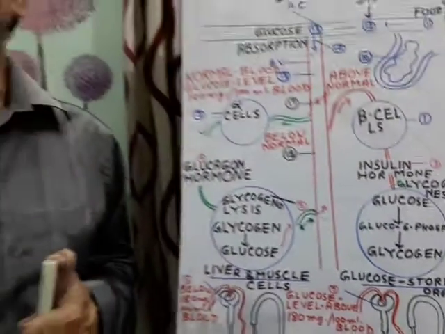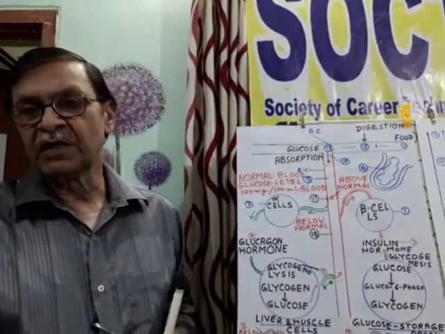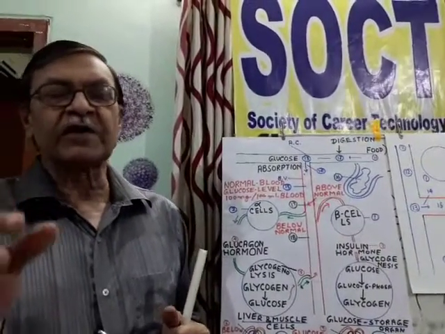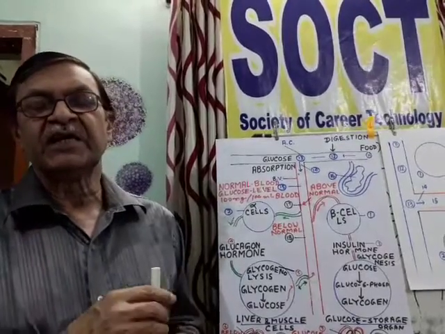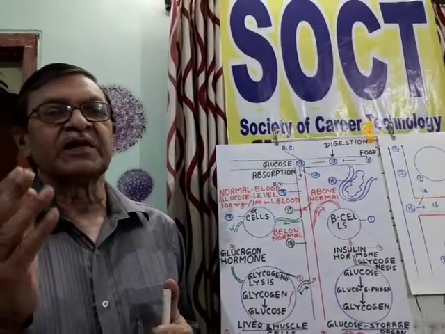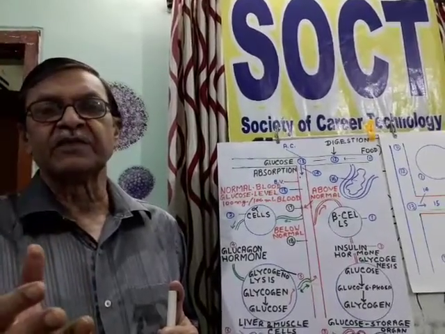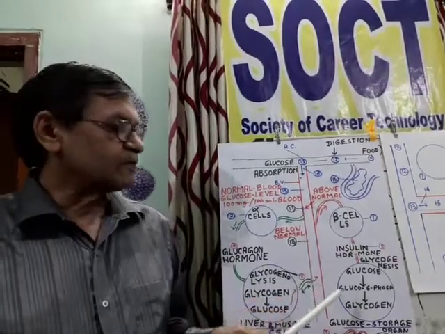For patients of diabetes, before 1976, the insulin dose for one patient was obtained by killing 4 to 5 calves, the sons of cow and ox.